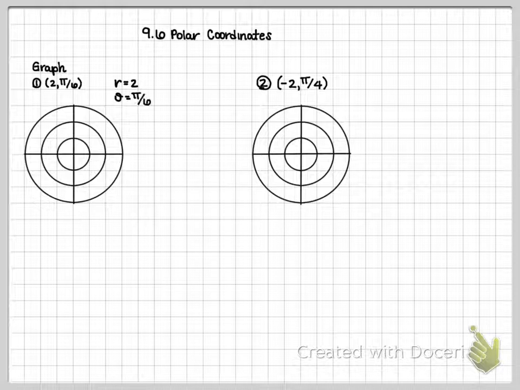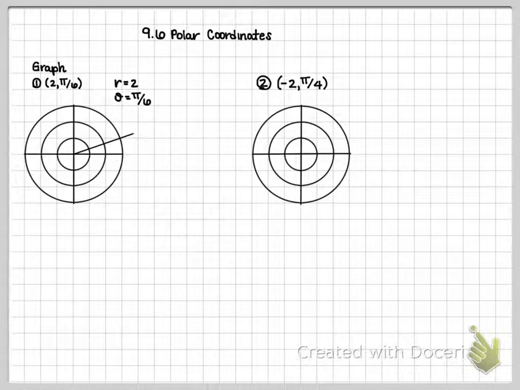So I want to find the point where I'm at the angle of pi over 6 and I'm on the second circle. I'm going to draw the line segment that pi over 6 looks like it's at. Starting from the center and working my way out, about there kind of looks like pi over 6 to me.